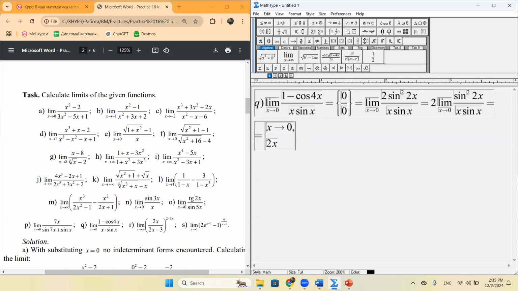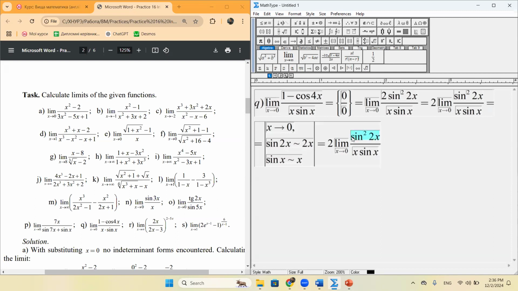Sine of 2x is equivalent to 2x, and sine of x is equivalent to x. And now we will replace the trigonometric functions just with x, with linear multipliers.